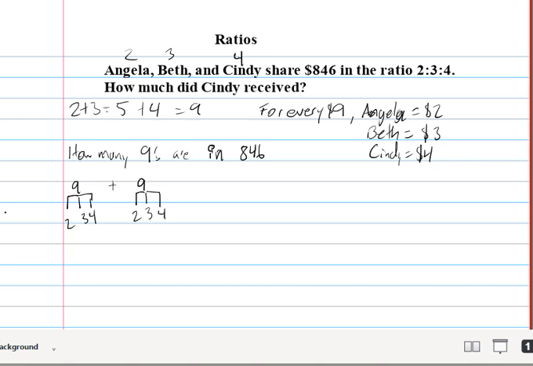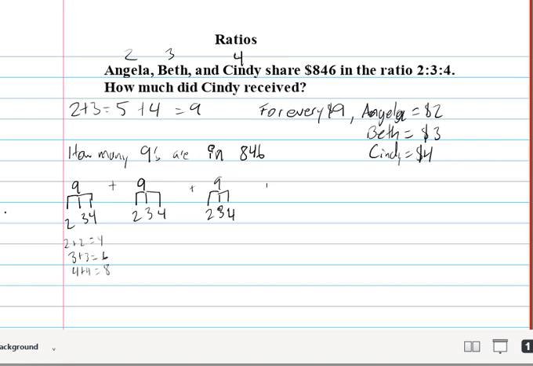So if it was $18, Angela would have got 2 plus 2, $4. Beth would have gotten $6. And then Cindy would have got $8.